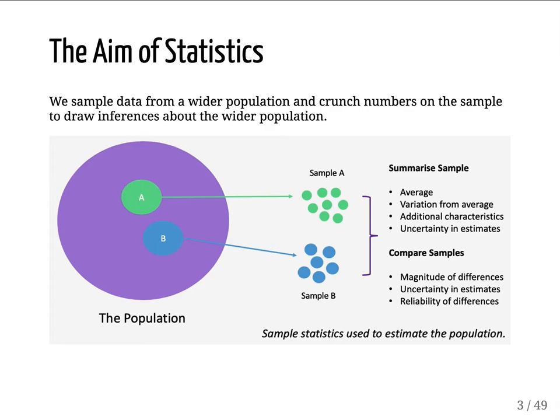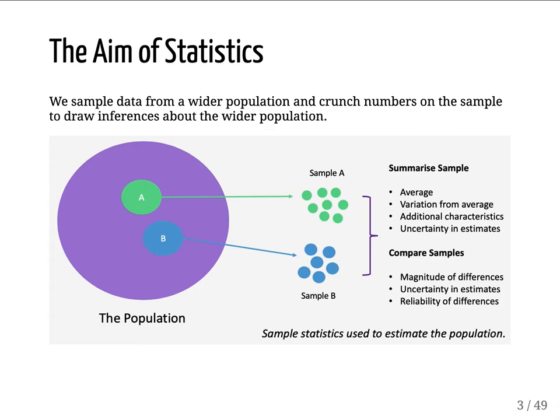So I might calculate a measure of uncertainty around the average, which says, well, I think the average is around this height, but it might be something a little bit above or a little bit below when I look at the general population. So assuming I could actually measure everybody out there. I'm going to do the same thing with variance as well. So I maybe want to look at uncertainty in the estimates there.